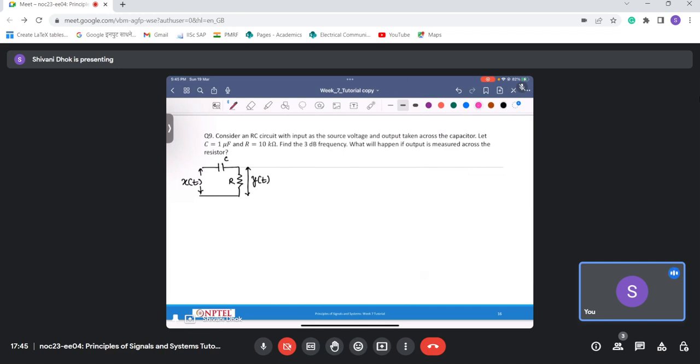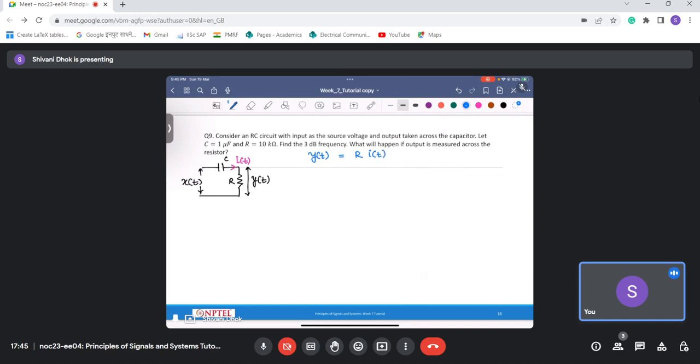For that, let's say I have a current i(t) flowing through this. The first thing that I know is, by Ohm's law, this y(t) is equal to R into i(t).